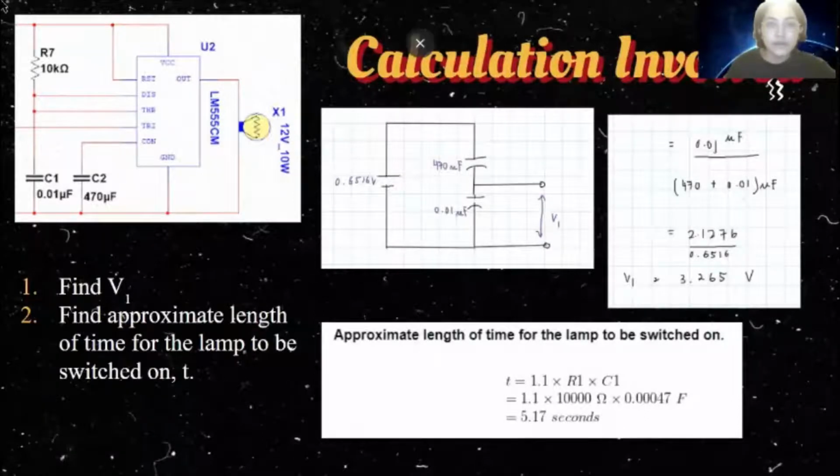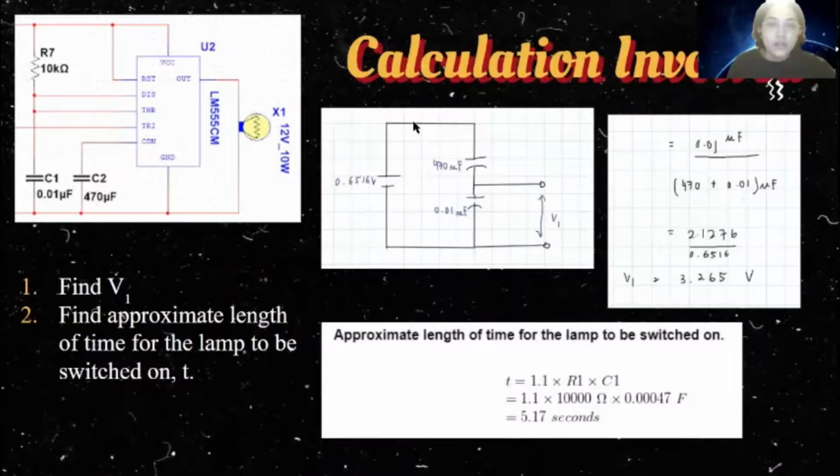For the 555 timer IC calculation, first we have to find the V1, so we know how much voltage is needed to enter the timer IC 555. The timer IC 555 needs a value less than 4 volts, as it only receives a low feed.